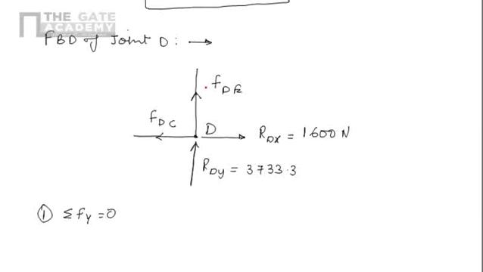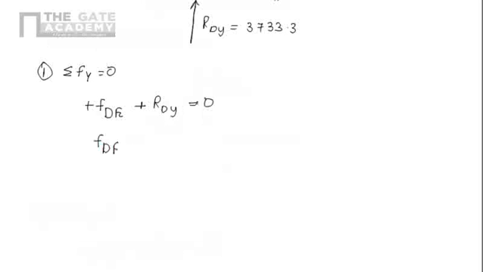So FDE is acting in upward direction, so it's positive, so plus FDE, and RDY is also acting in upward direction, so plus RDY equals to 0. So FDE plus the value of RDY, 3733.3, equals to 0. So FDE is minus 3733.3 Newton.